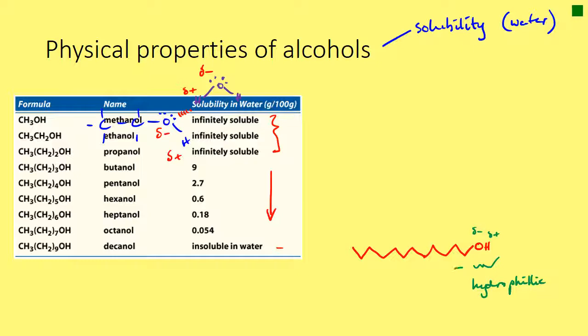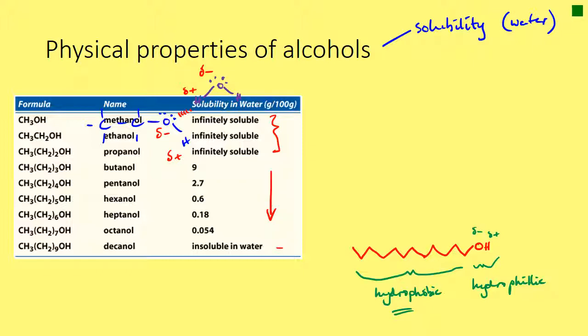But this part of the molecule is hydrophobic. It's just a carbon-hydrogen chain. When it gets to 10 carbons long, the hydrophobic nature of the chain hanging off the hydroxyl group dominates, and so it makes it insoluble in the polar water molecules.